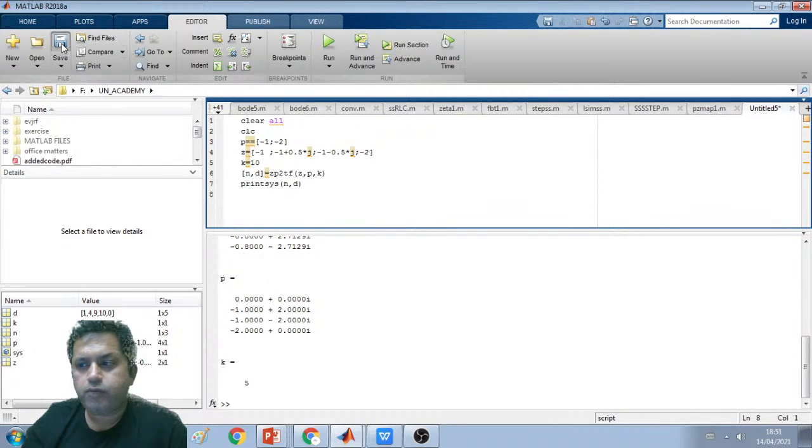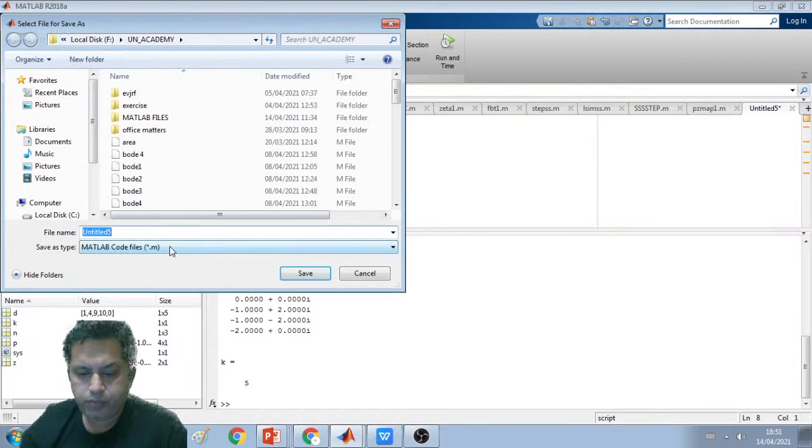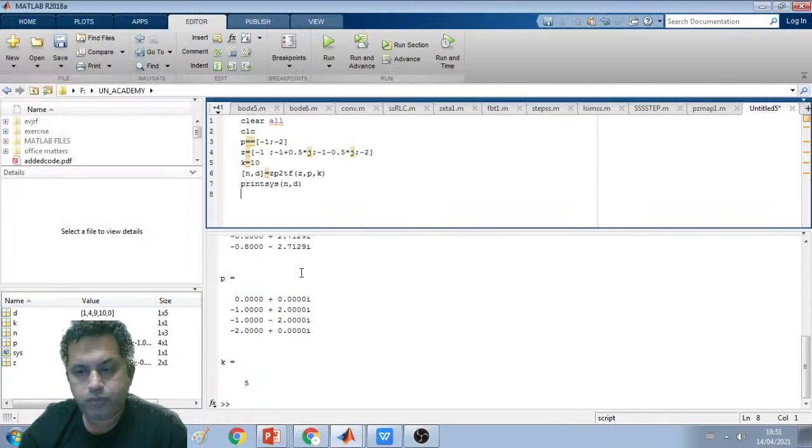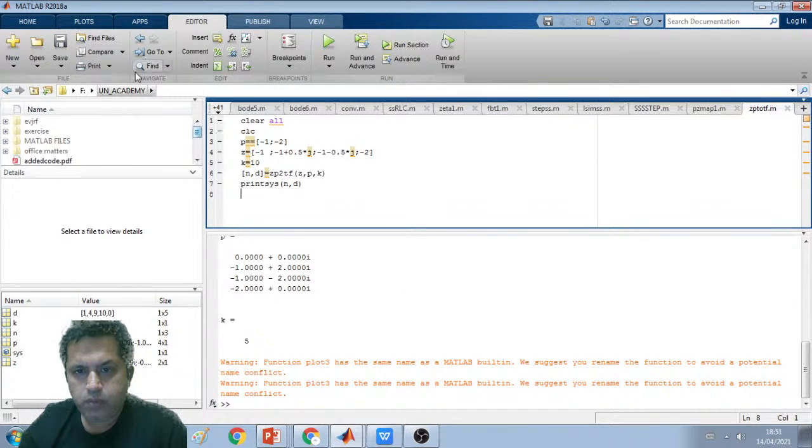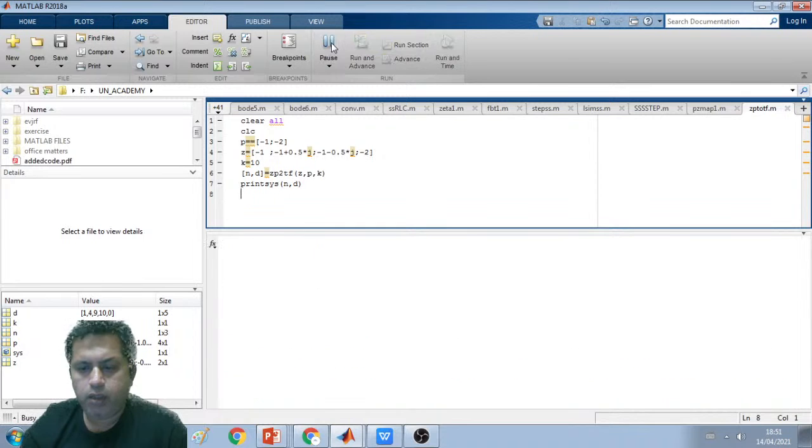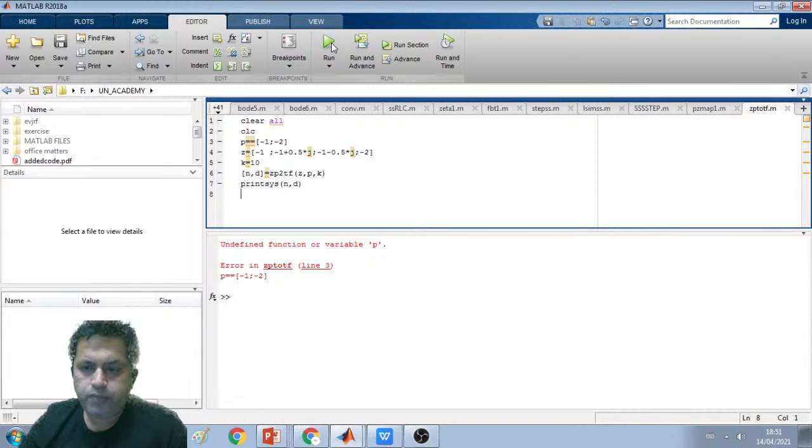You will get transfer function. So here zero pole to transfer function. I will save it, then run this one.